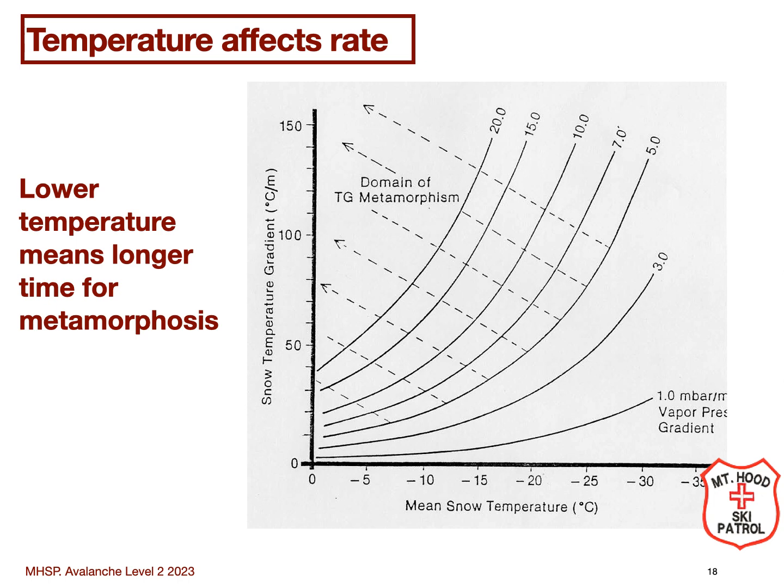This is the third curve from the right. At minus 20 degrees C, a temperature gradient of 50 degrees C per meter is necessary for the same rate of crystal formation. So at colder temperatures, the rate of crystal formation slows way down. This means that faceted crystal formation can proceed very slowly and result in deep buried layers that weaken over time.